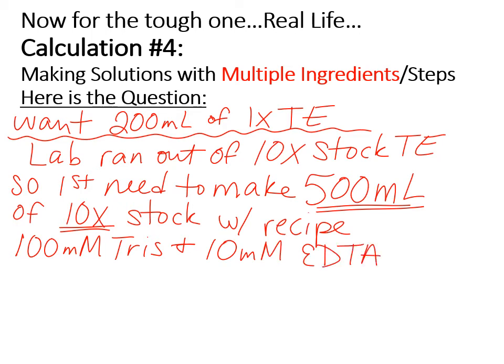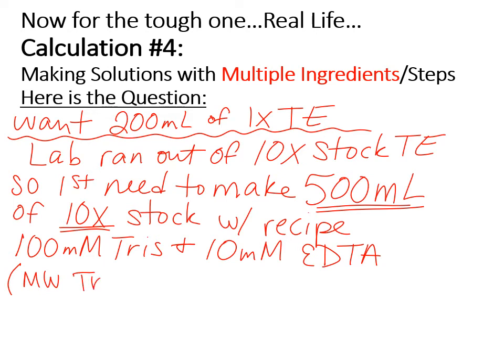Okay, so what you need to do first is you need to make 500 ml of the 10 times concentrated stock with the recipe that is 100 millimolar of Tris and 10 millimolar of EDTA. Okay, now if you were working in the lab, you would have to look up the molecular weights. But a lot of times what I'll do is, if I'm giving you a question like this, in parentheses, I'll always put the molecular weights of anything I mention.